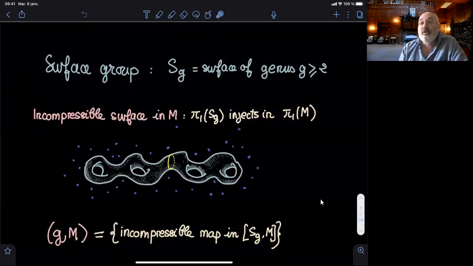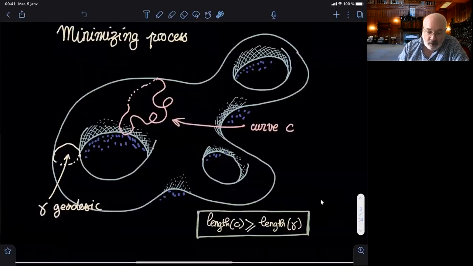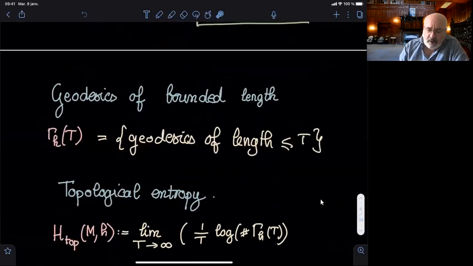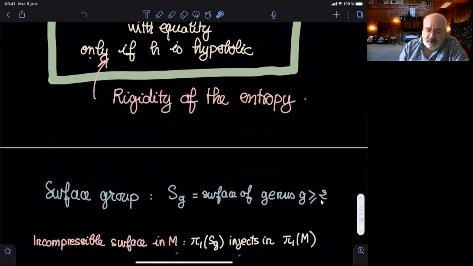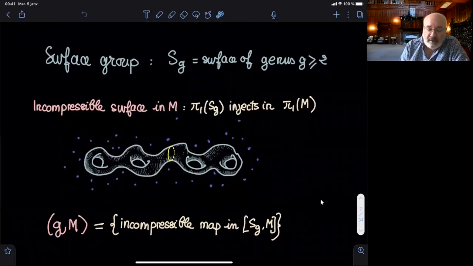So now you want to count homotopy classes of maps of S_g into M. Remember that before, we were counting homotopy classes of maps of the circle into M. So you have to make a little restriction here to make sense of this. You just want to consider incompressible surfaces.